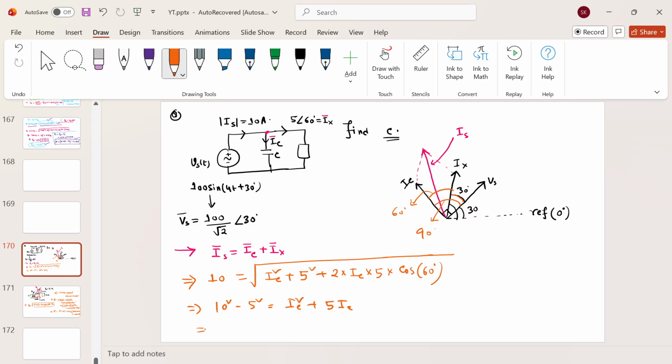So if you calculate this value, let me calculate this one. Just a minute.